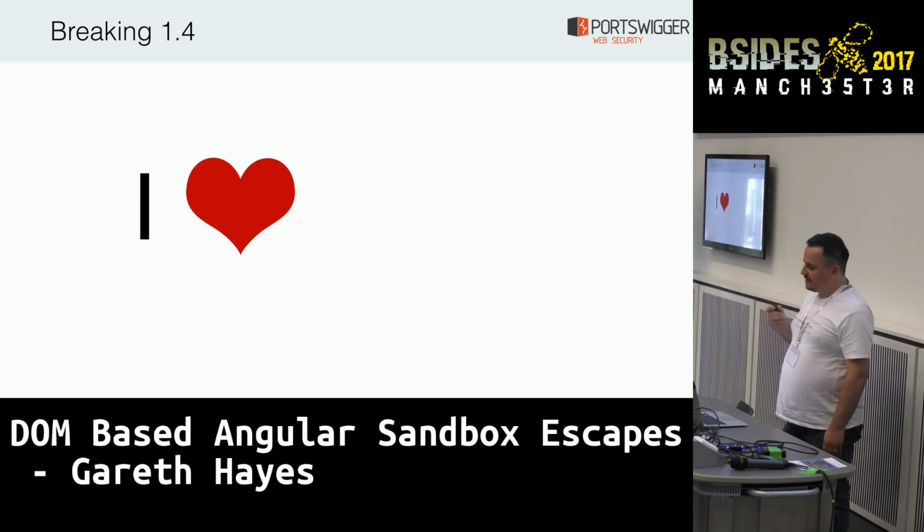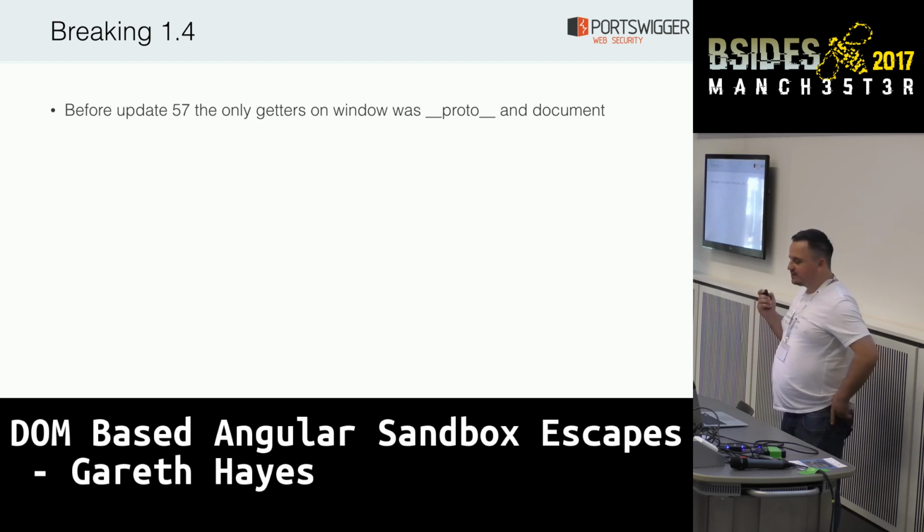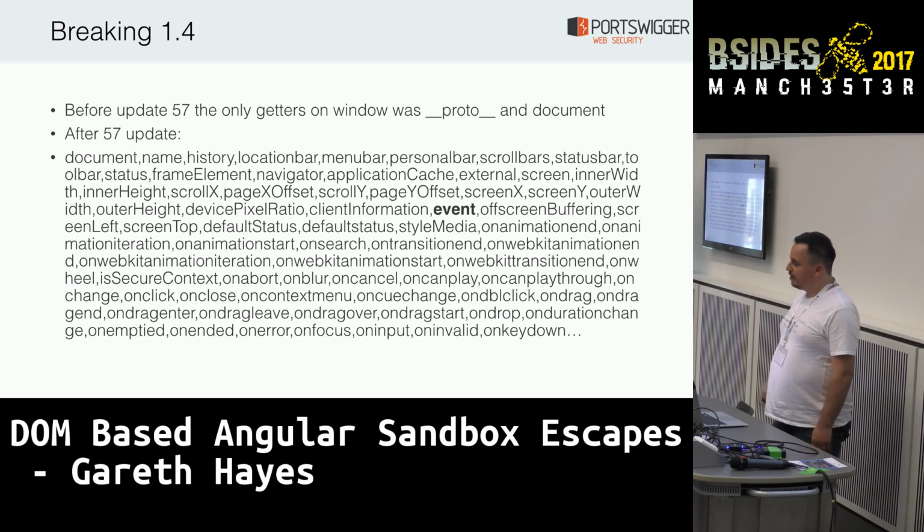I love Chrome 57. Chrome 57 was like a birthday present to a security researcher such as myself. Because before the 57 update, the only getters on Window were proto and document. But after 57, there are a lot more. And I fuzzed the list to get and extracted all the getters on Window.